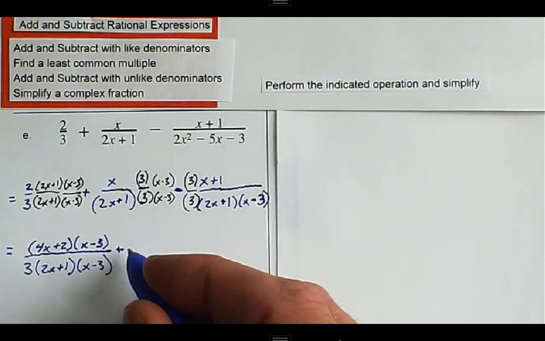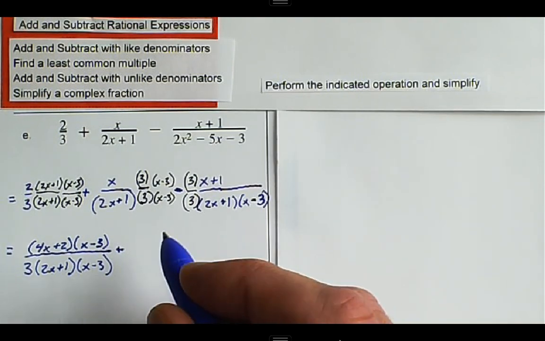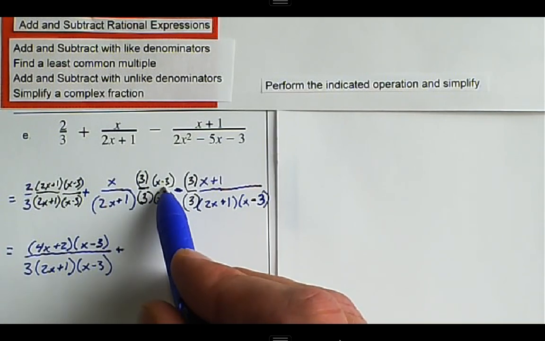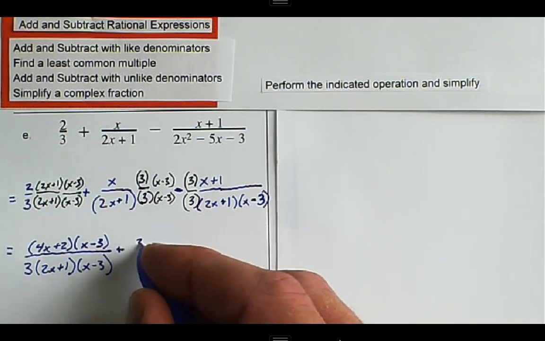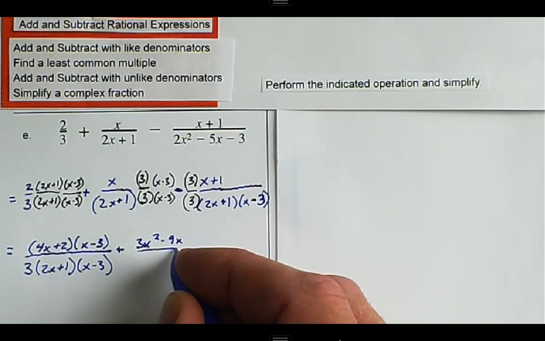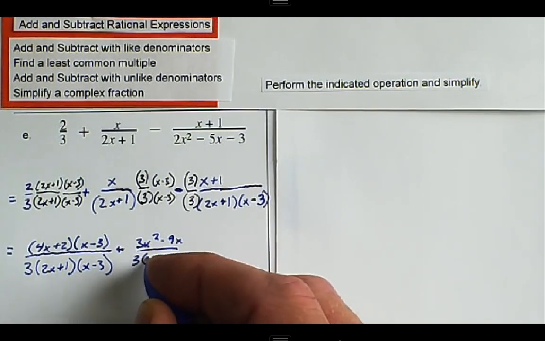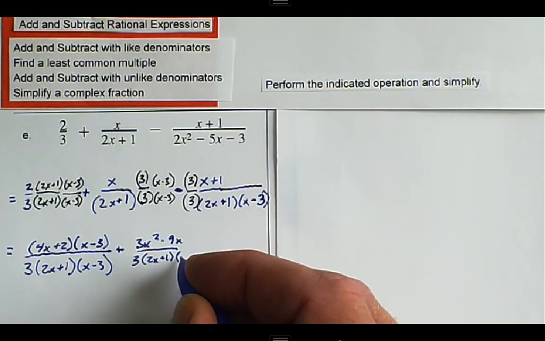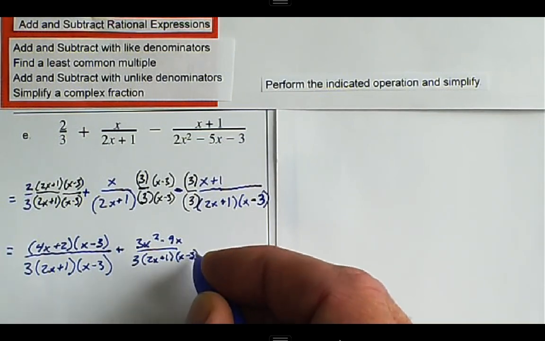And then we're going to add that to, if we multiply the x times x minus 3, we get x squared minus 3x, and then we distribute the 3, so then we get 3x squared minus 9x. And that is over 3 times 2x plus 1 times x minus 3.